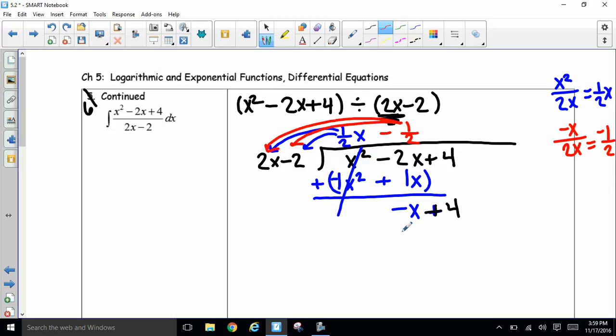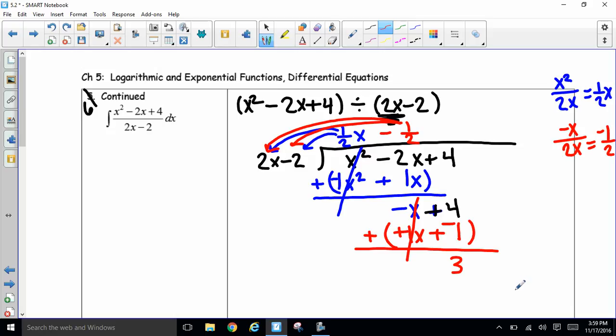So that would turn into negative 1x, and then that would turn into positive 1. And again, remember I'm subtracting this entire thing. So a negative x minus a negative x, those cancel because you could distribute and make this a plus, and then this a minus. So then 4 minus 1 is 3.